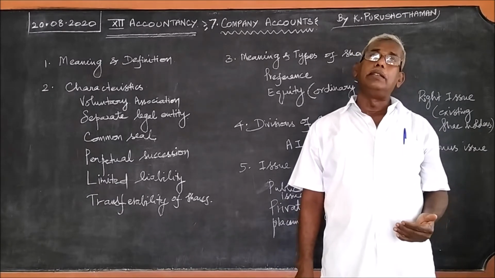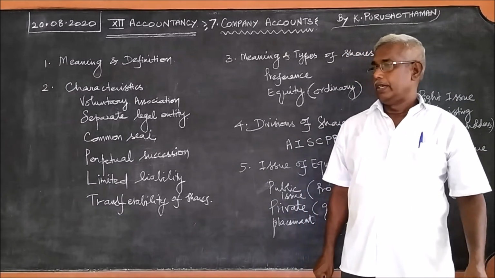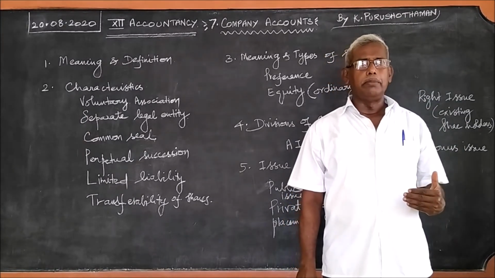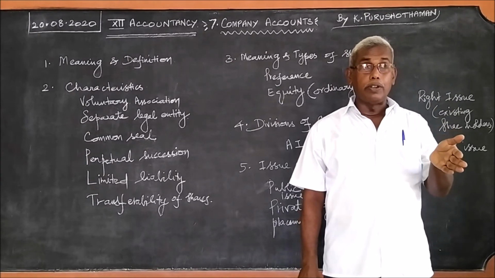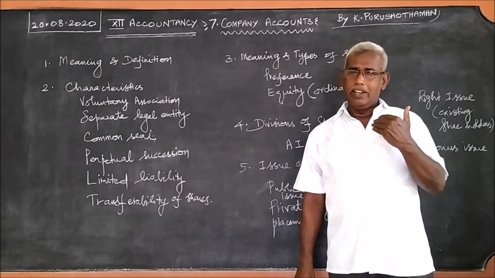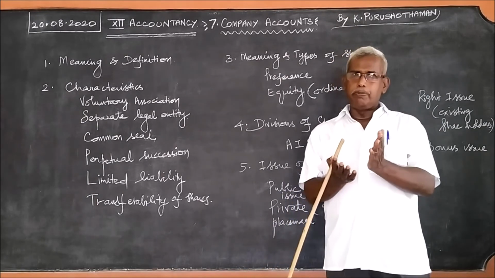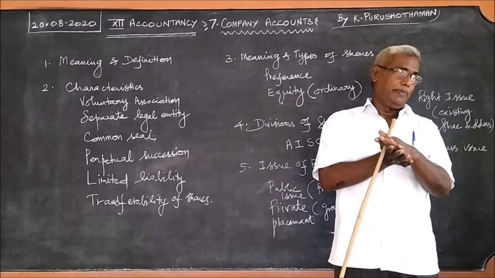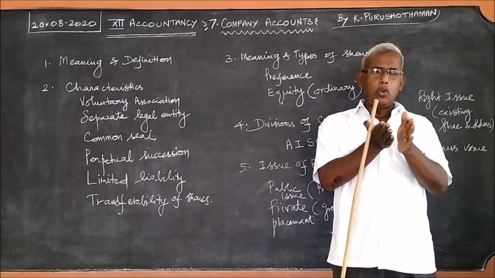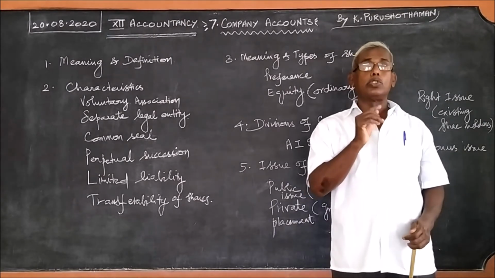Joint Hindu family business cannot be separated from the Hindu family. Sole trading business cannot be separated from the sole trader. Partnership cannot be separated from the partners. So, the ownership and the business administration are one and the same. They cannot be separated in those three.